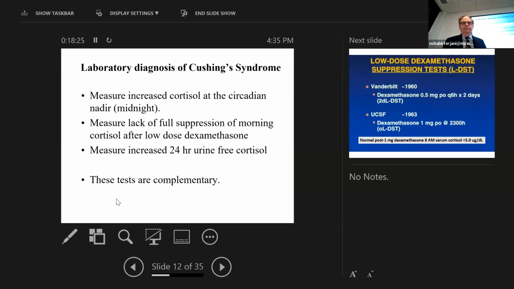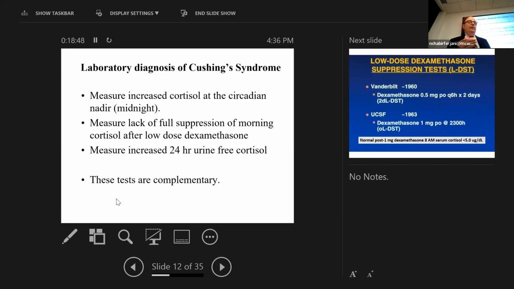So for a long time, it's been known that there are three fundamental physiologic disruptions in patients with pathologic hypercortisolism. And one of them is impaired circadian rhythm. That is, they have increased cortisol late at night and no diurnal rhythmicity.